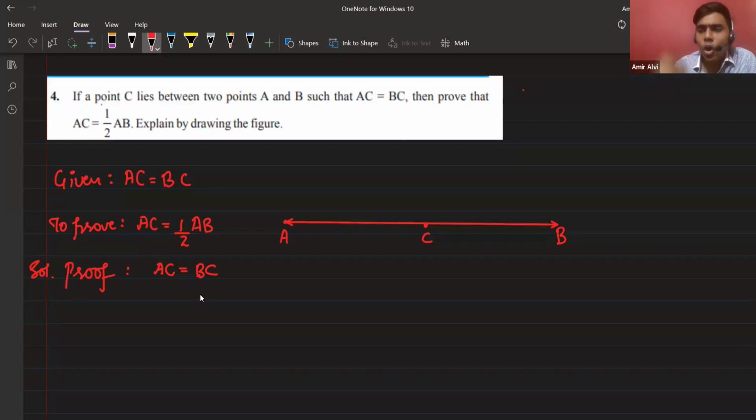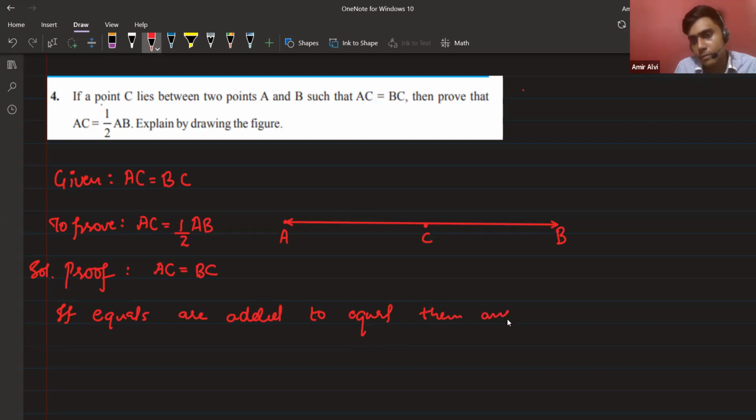The order can be changed, no need to worry that you have to remember these axioms in the same order, but you have to mention the line. If equals are added to equals, then the answer will be equal.